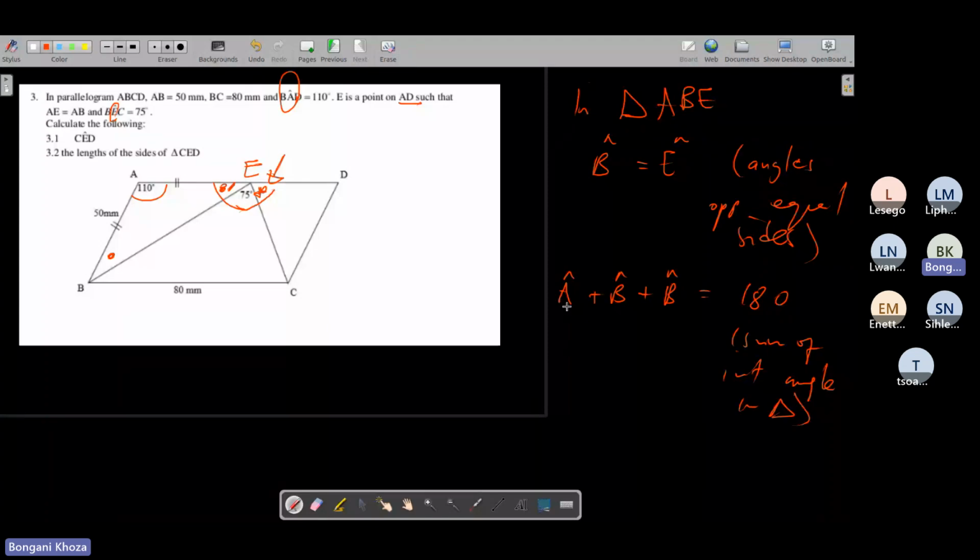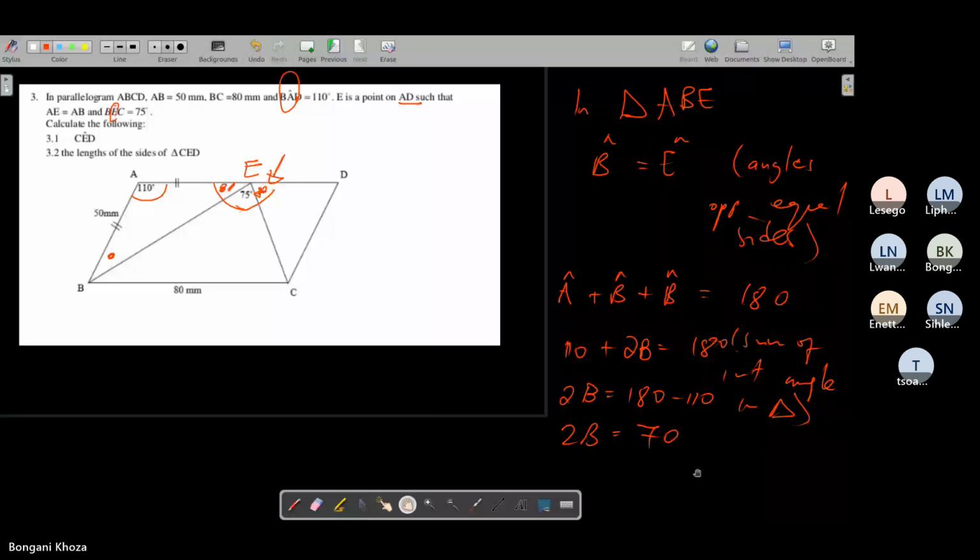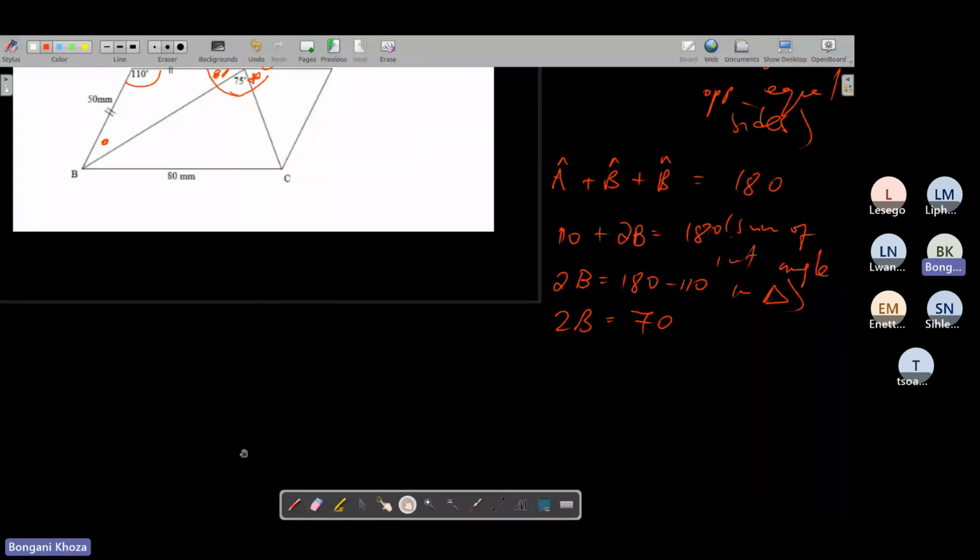So here I have A, which is 110, plus 2B, equal to 180. So I have 2B equal to 180 minus 110, and 2B is now equal to, what do we get here? 70, I think. And then from there, we can divide this by 2.